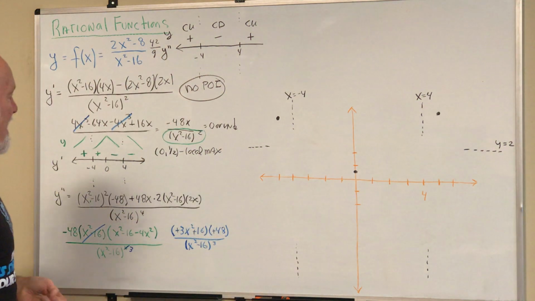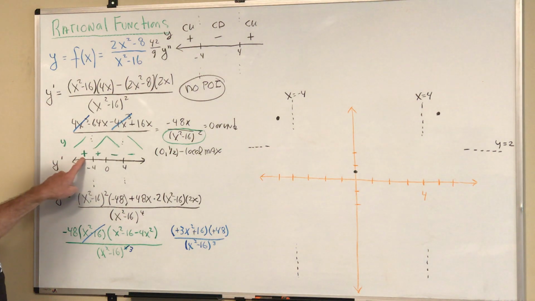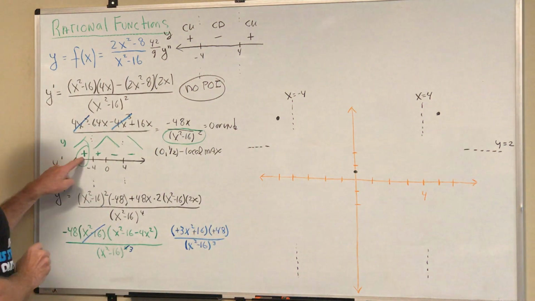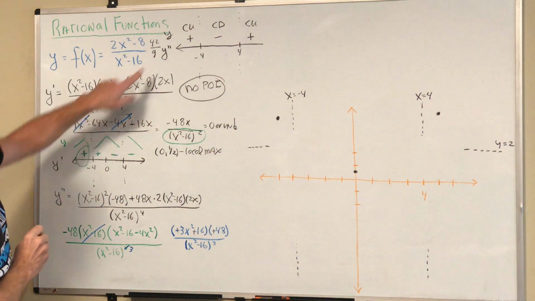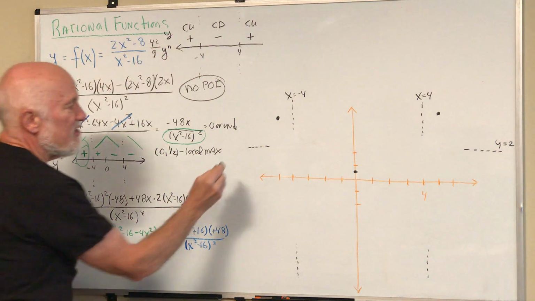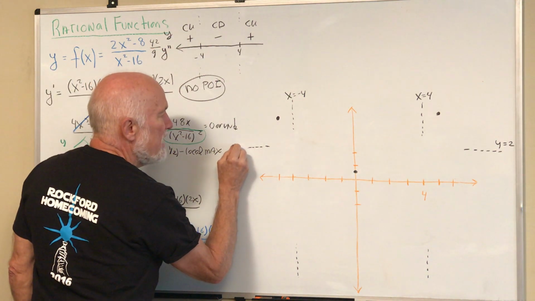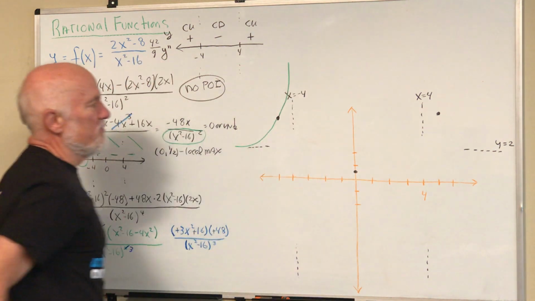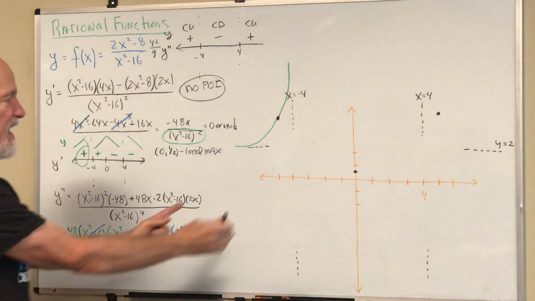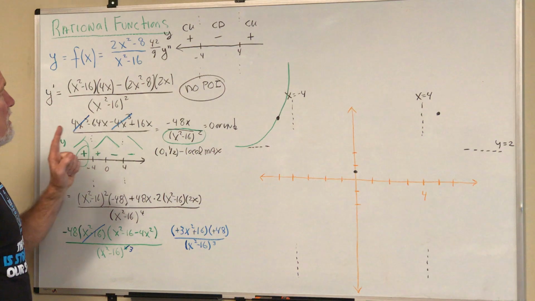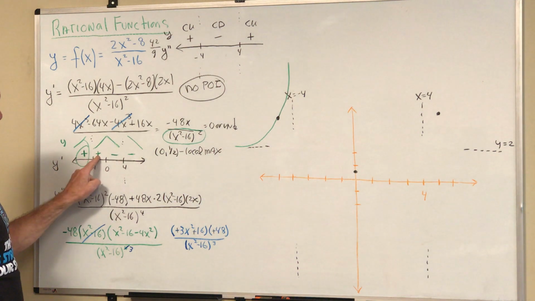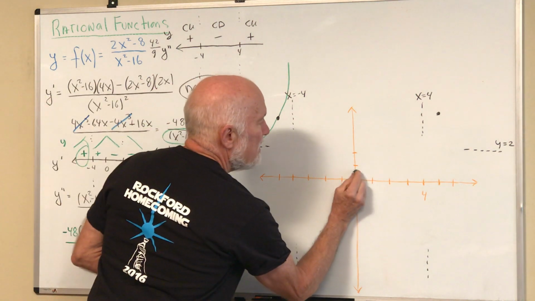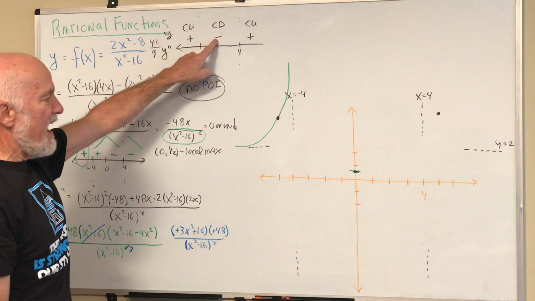And now I'm just ready to follow my number lines. I know that in this first section over here, I have to be increasing the whole time, and I have to be concave up. So I start at this horizontal asymptote and go increasing and concave up until I get to this asymptote. In this next section, I go from increasing to decreasing, and at 0, I have a 0 slope, and I have to go concave down the whole way.